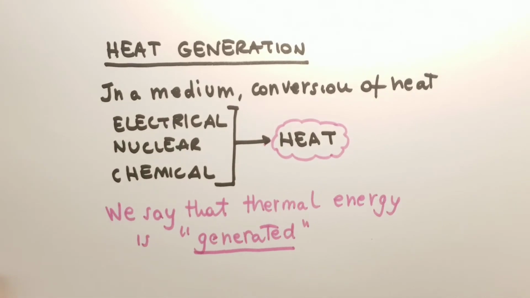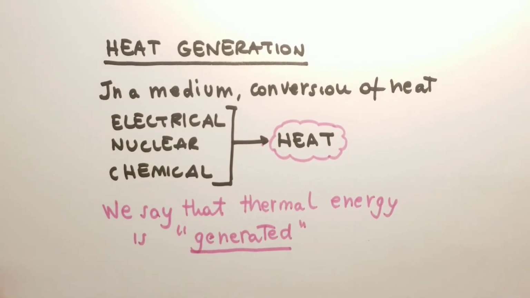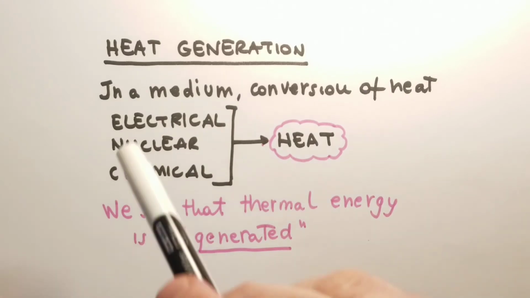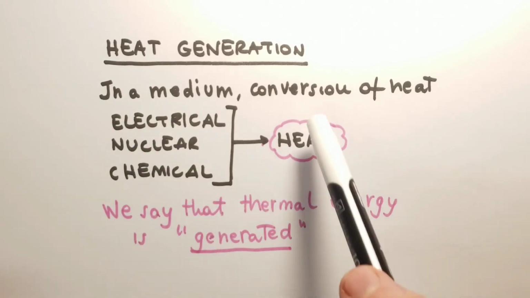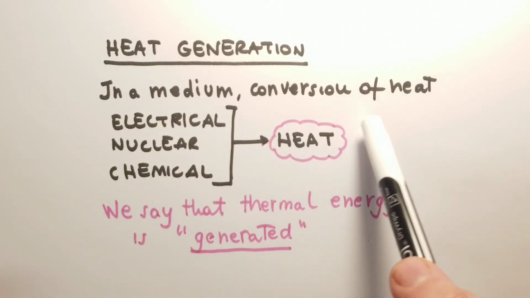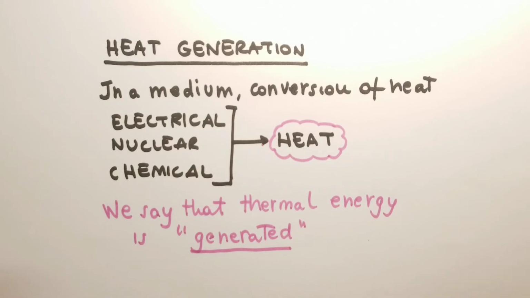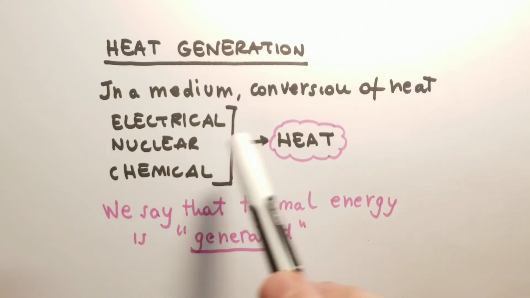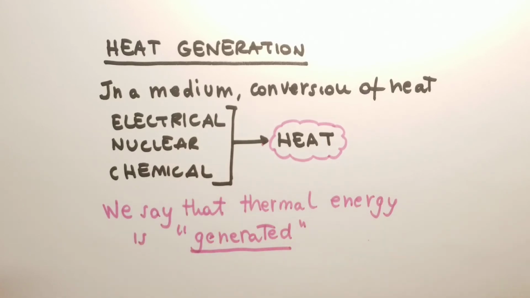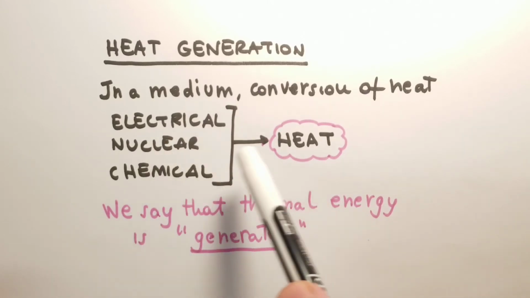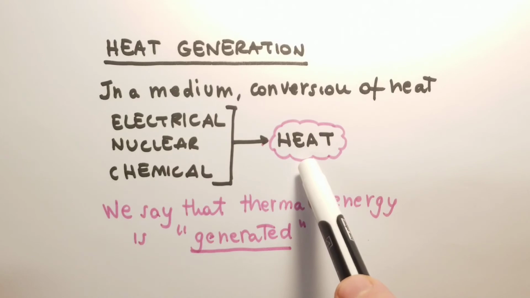In our problems, we will also find cases with heat generation. So what do we mean by heat generation? In a medium, often we may have a conversion of heat. So we can have electrical energy, nuclear energy, chemical energy that's translated into heat.